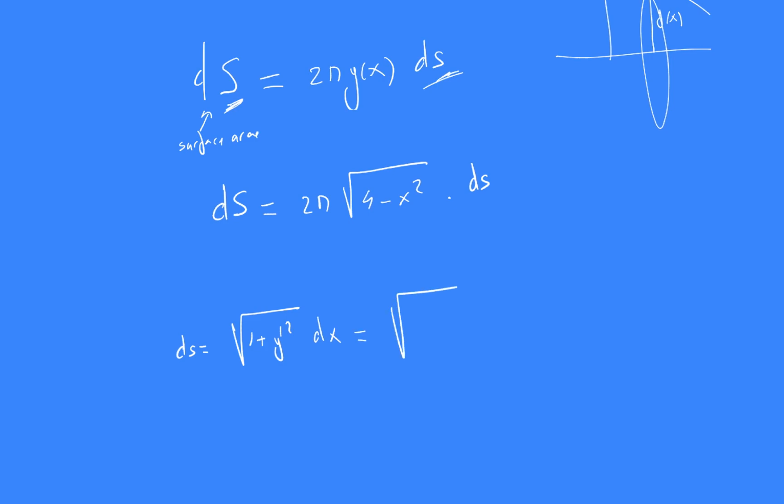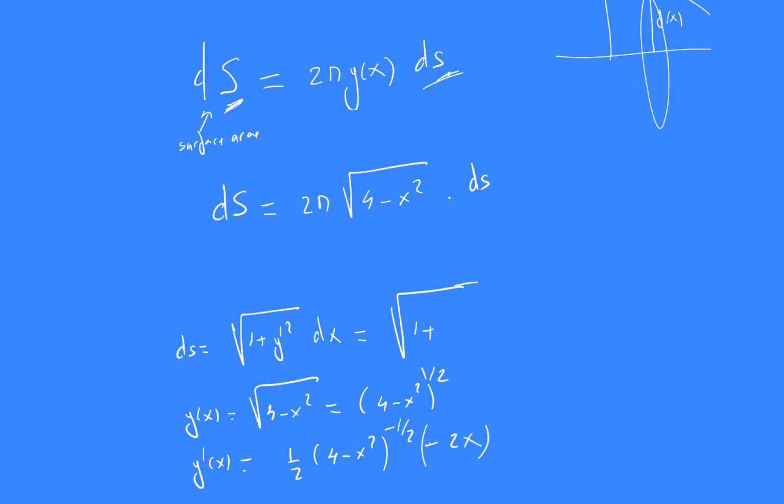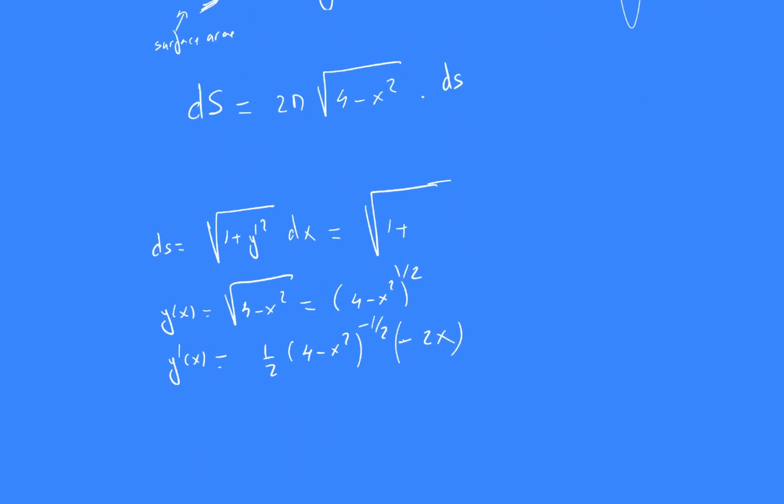It will be the square root of 1 plus y prime squared, where y of x is the square root of 4 minus x squared. Or in other words, it is (4 minus x squared) to the 1/2. So y prime of x is 1/2 (4 minus x squared) to the minus 1/2, times the derivative of 4 minus x squared, which is minus 2x.